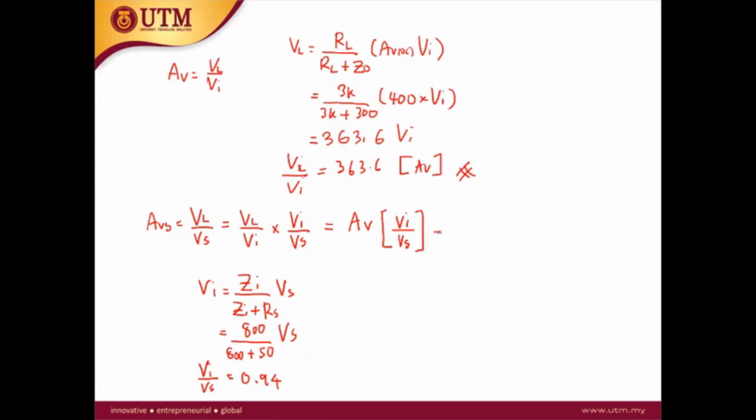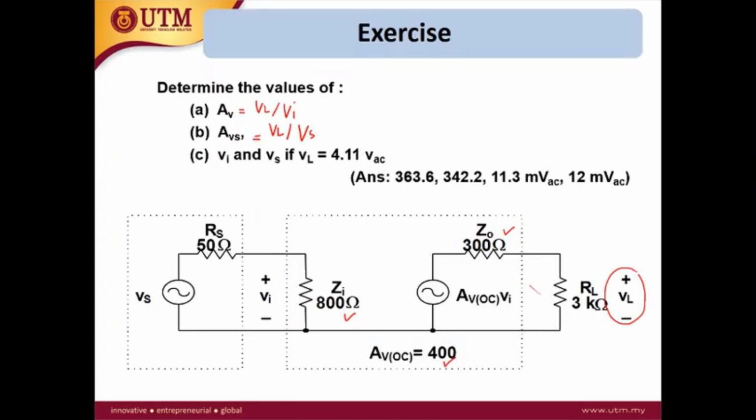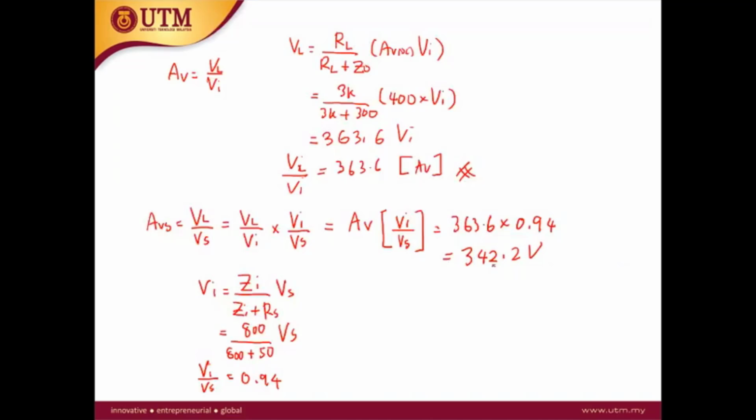So now you get 363.6 times 0.94, and you should get 342.2. This is not volts, it is a mistake, because this is gain and has no dimension. So this is the second answer.